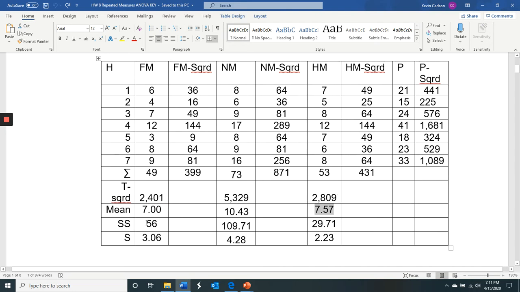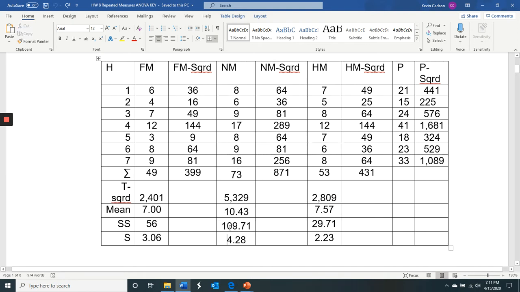And then I can take the raw scores for each of the 3 moon conditions, and I can find the sum of squares and the standard deviation with the online calculator. Same thing here. Use these scores for new moon.